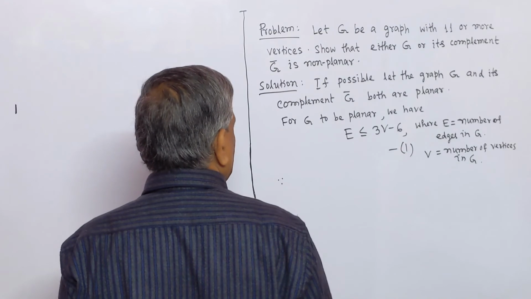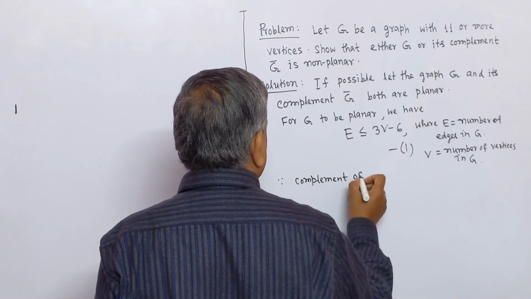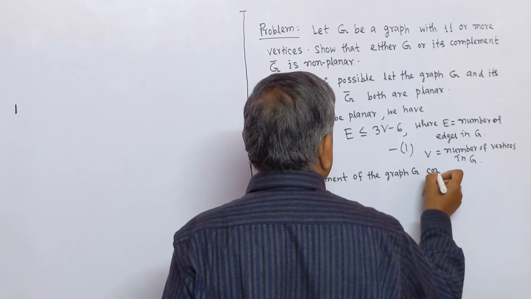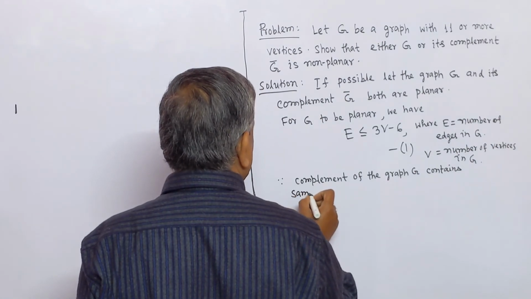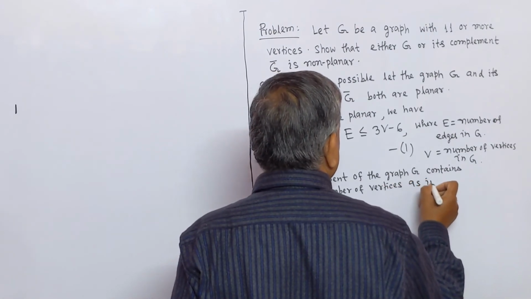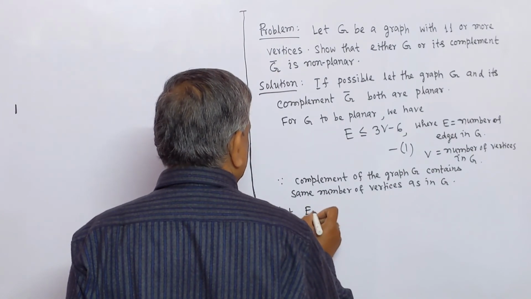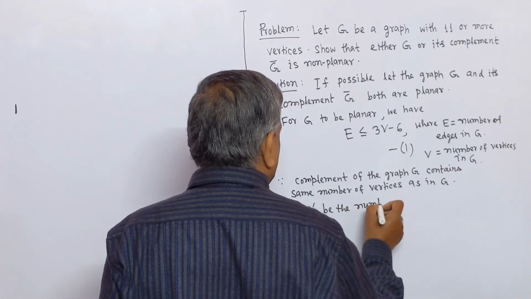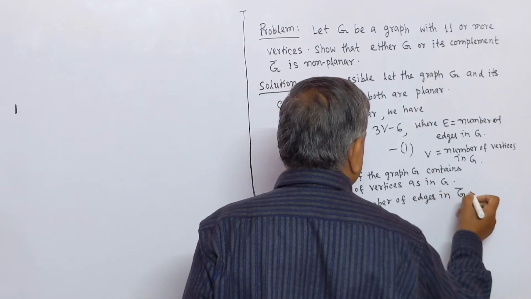Since the complement of the graph G contains the same number of vertices as G, let E prime be the number of edges in the complement of G, G bar.